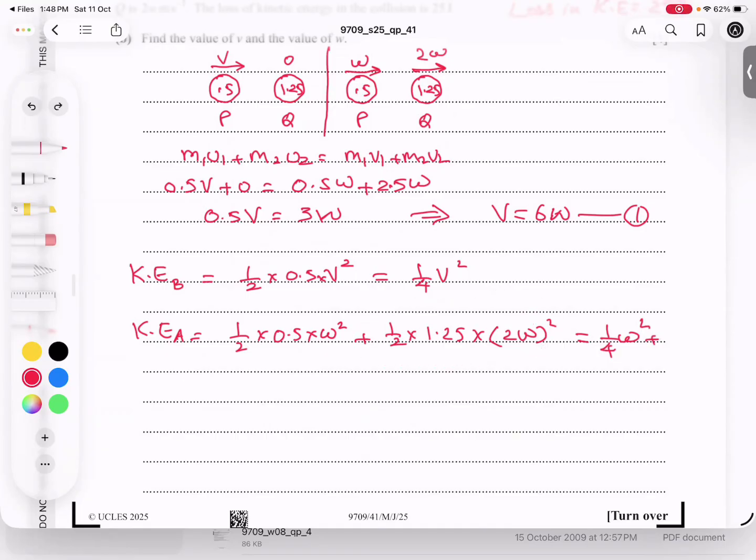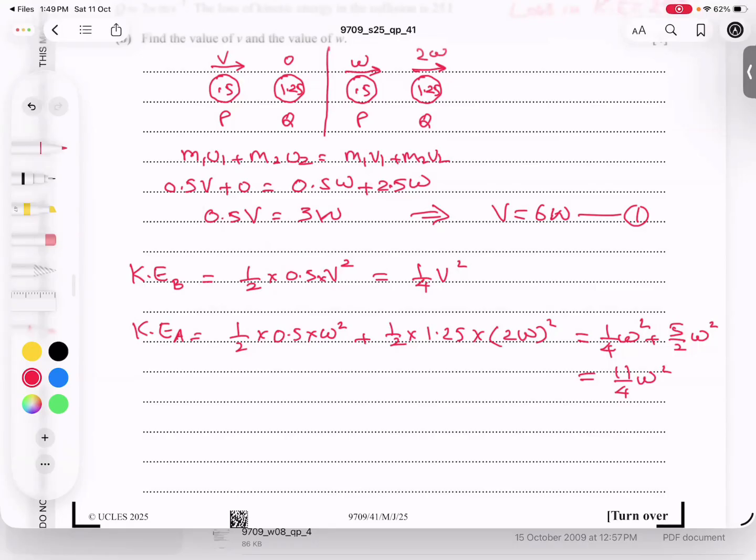It becomes 1.25 into 2, because this power 2 will cancel with the 2. It becomes 2.5. In fraction form, 2.5 is 5 by 2. So this becomes 5 by 2 w square. I hope that is clear. Now if I add them, 1 over 4 plus 5 over 2 gives us 11 over 4 w square.